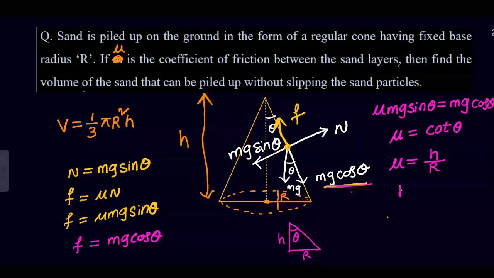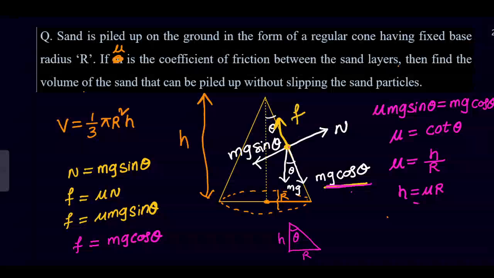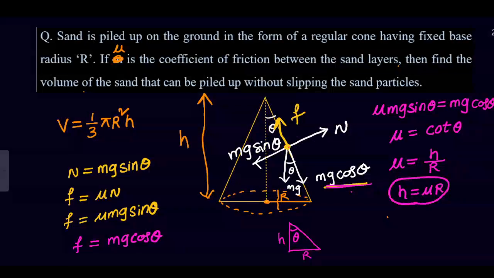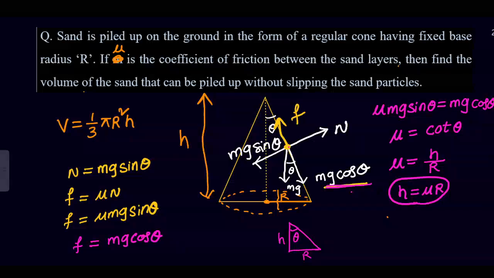From this, what can I say h is equal to? h is equal to mu into r. Yeah, we'll put it in the volume. So the volume of the cone, how much, tell me.